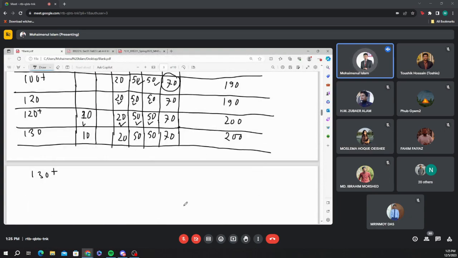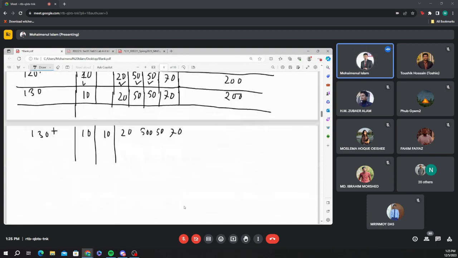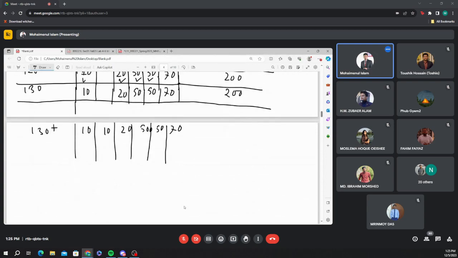So you need another 10 megawatt. So previously 10, next 10, 20, 50, 50, 70. So the value should be 210 overall.